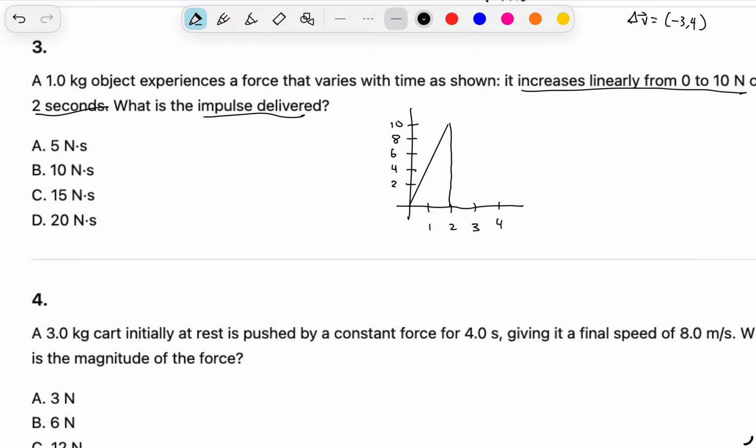We want to find impulse. And impulse is equal to the area under the F-t graph.